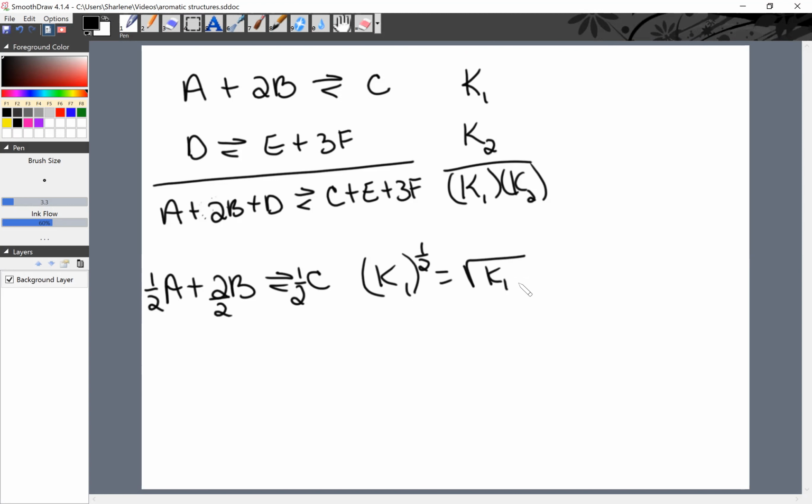All right, and I'm going to turn the bottom one around. So 3F plus E is in equilibrium with D, but I have to invert that one.